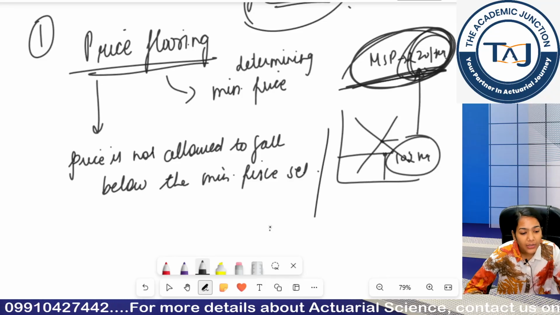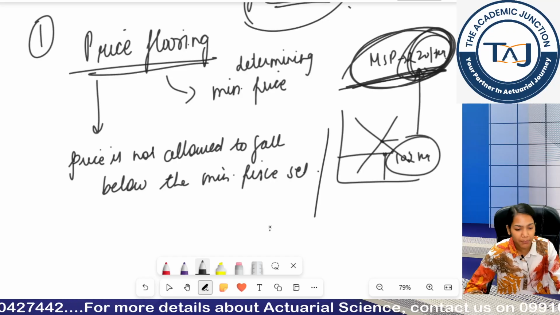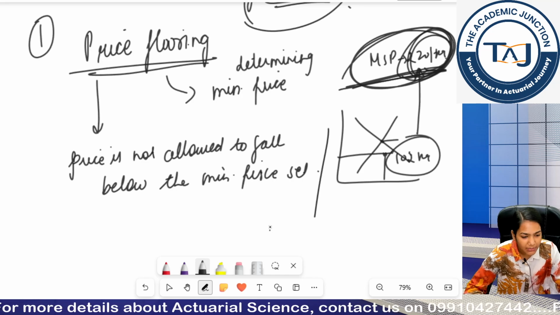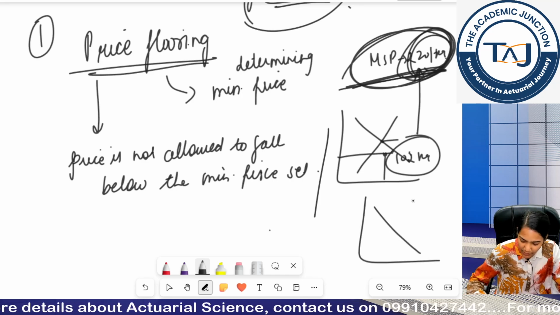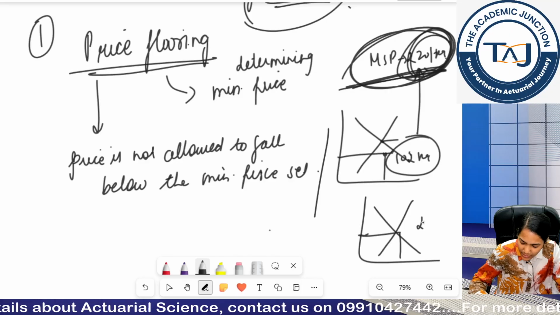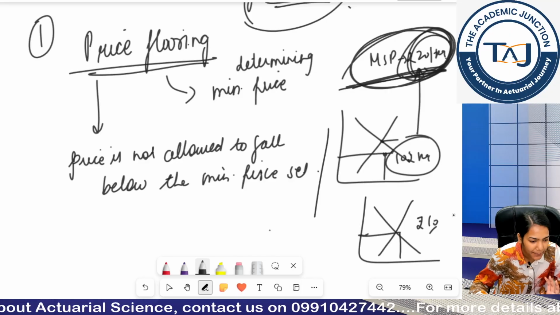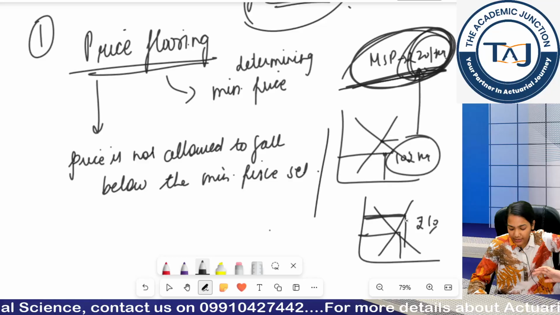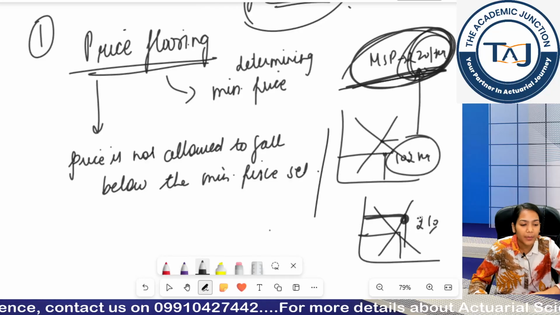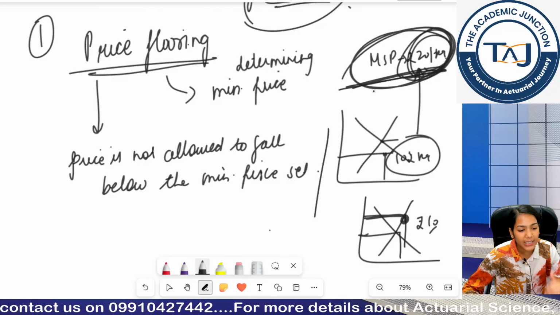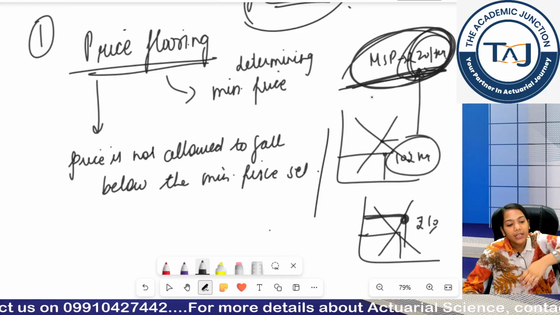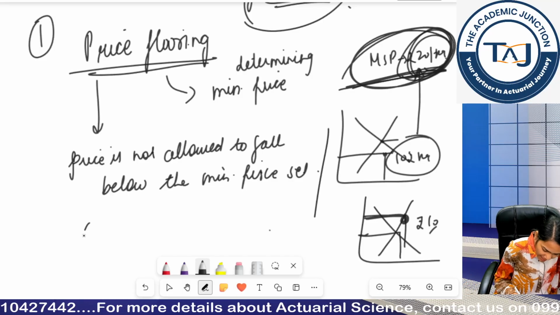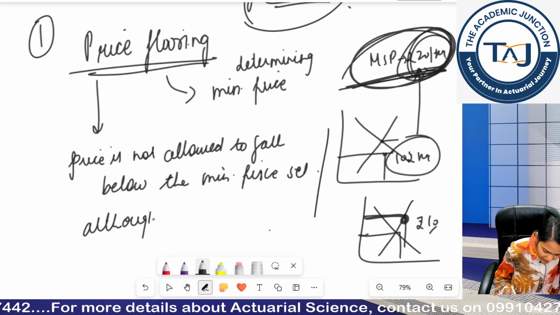So they will set a higher minimum price. If the alcohol rate is currently prevailing at 10 rupees per bottle, they will set a higher price, and the price is not allowed to fall below this. Automatically, if the price increases, the demand will decrease. Clear? However, it is allowed to rise above it.